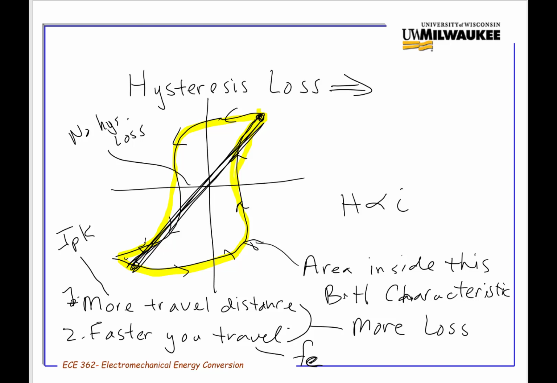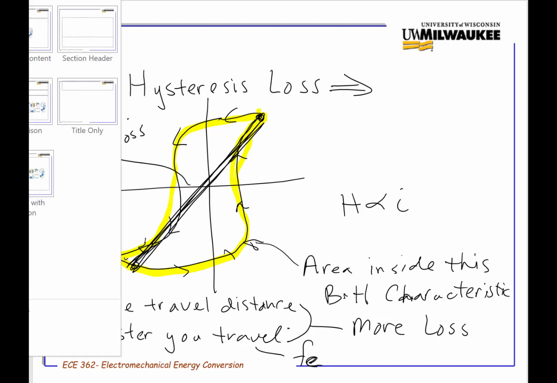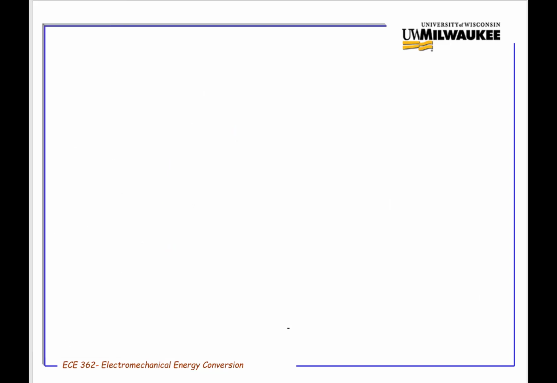Now, this actually is a factor in selecting what kind of core material you're going to use. Before I talk about another aspect of loss, I'm just going to show you this and then we'll come back to this again. I'm going to draw a dark green curve here.